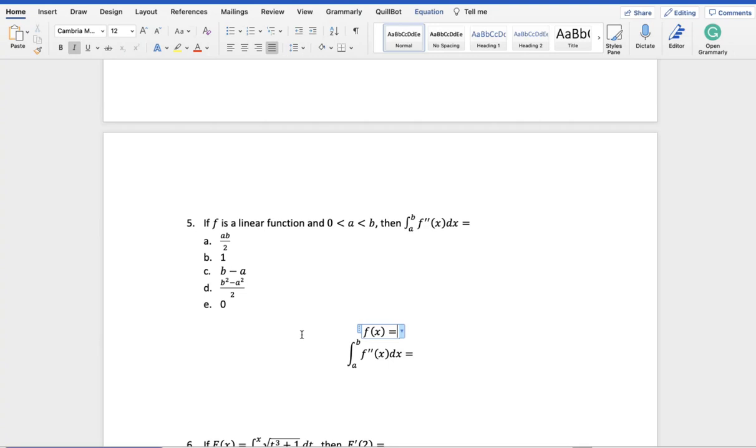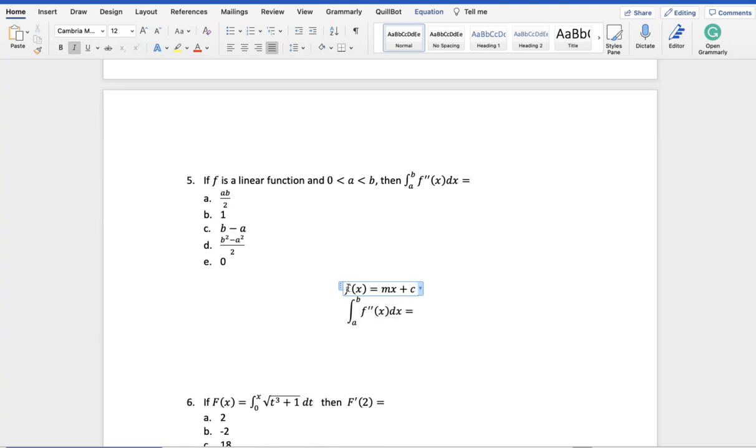It's a function of an order of 1, meaning a function with the general form mx plus c. I believe is how you guys learned it. So a function of the general form mx plus c, where m is the slope, right? Remember, m is the slope, and then I believe c is the intercept, right?